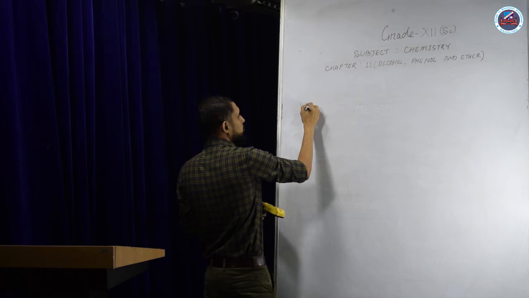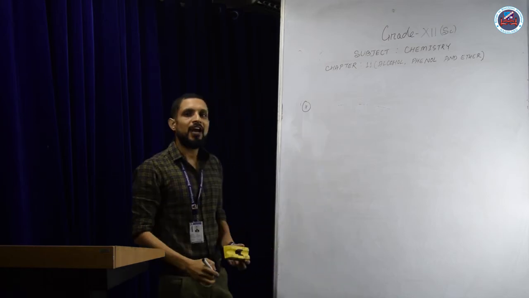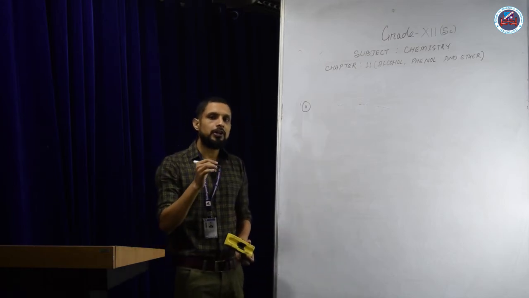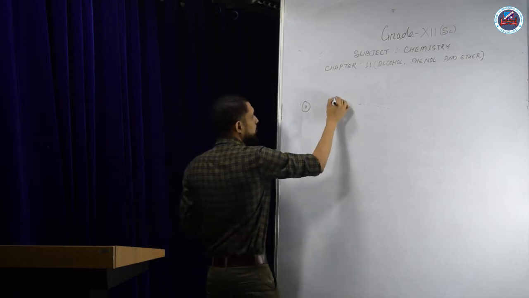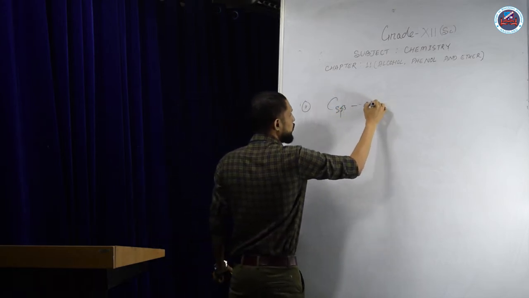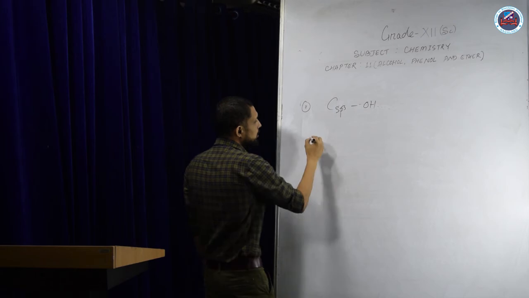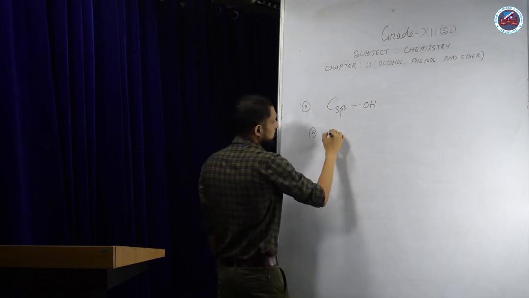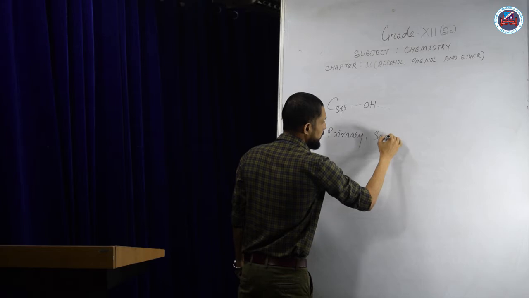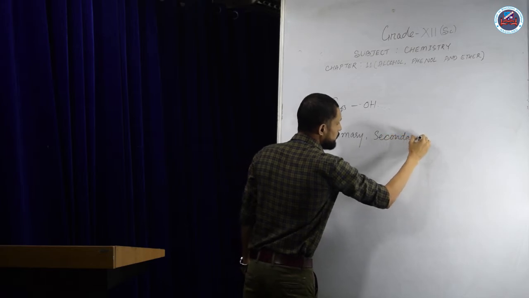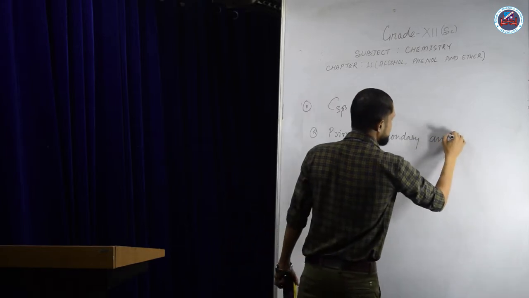Next classification is based on carbon using sp3 hybridizing OH bond, that is C-sp3 OH bond. First we have primary, secondary and tertiary.